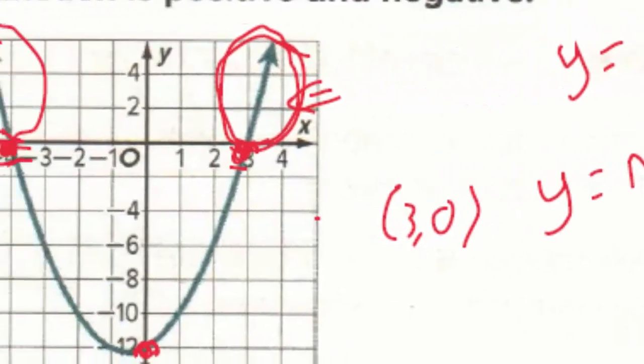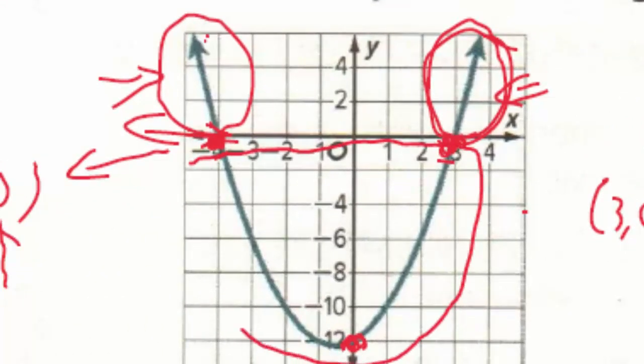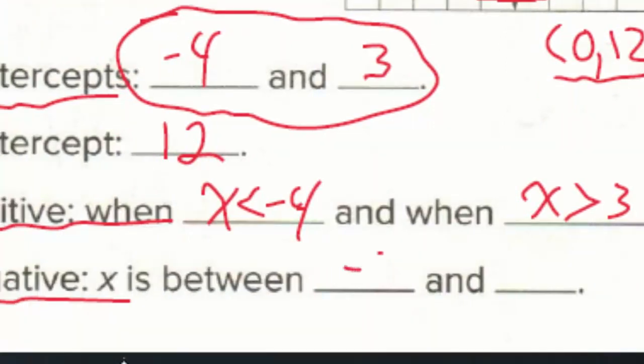And of course, that means everything underneath the x-axis. So all those values down there are negative, but you'll notice all those values down there have x values that are between the negative 4 on the left side and the positive 3 on the right. So it's between negative 4 and 3.